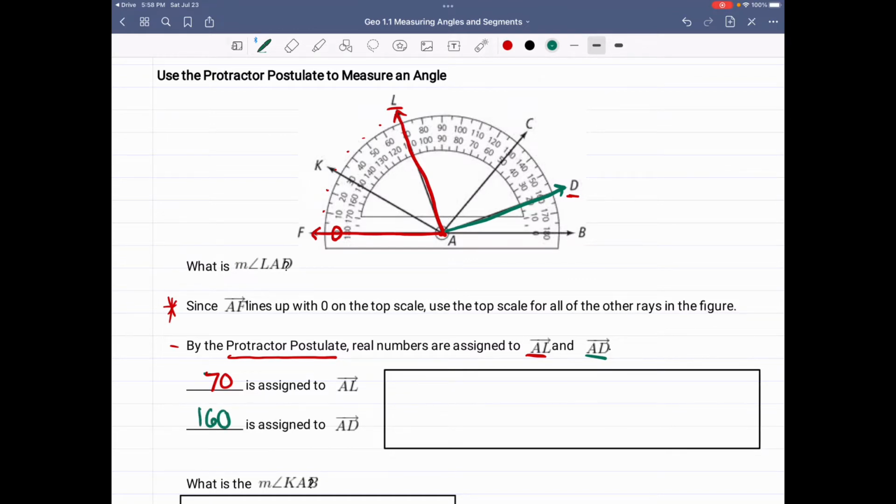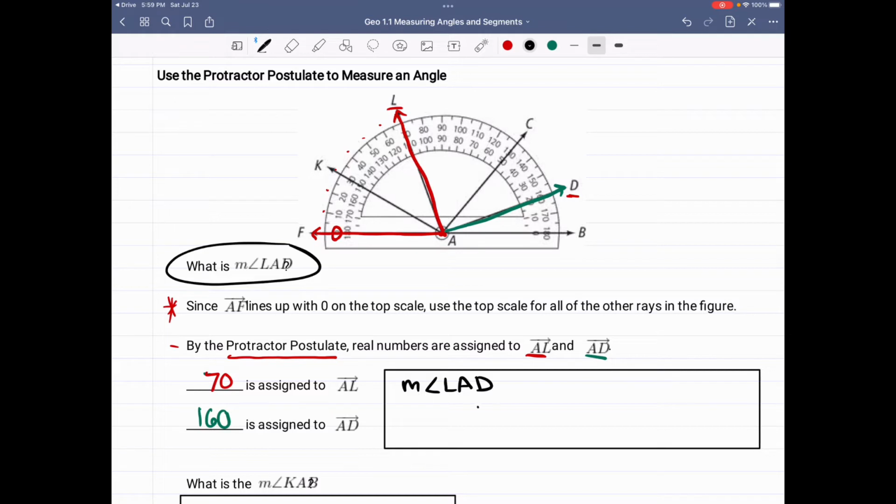And the question is asking, remember the question? I was way back here. What is the measure of LAD? Well, it's very similar to the ruler postulate. To find the distance, we just have to find the absolute value.